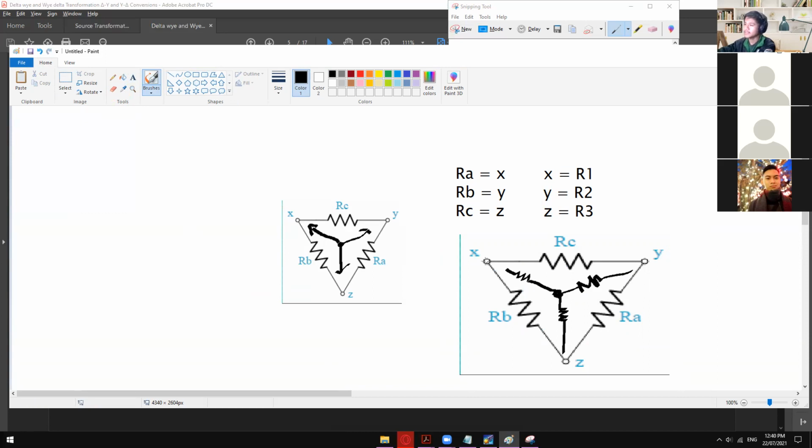So as you guys can see, this is the delta connection, the RA, RB, RC, and then the middle one is your Y connection. So parang yun na yung pinaka-pattern nyo on how to transform this delta into Y configuration. Wherever is our X, that is our R1. Wherever is our Y, that is our R2. Wherever is our RC, that is our R3.